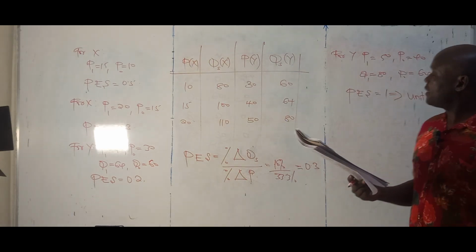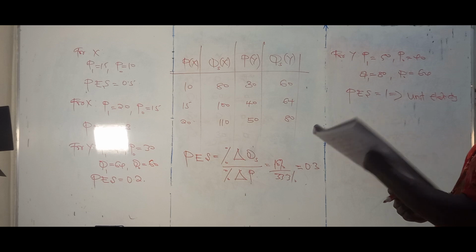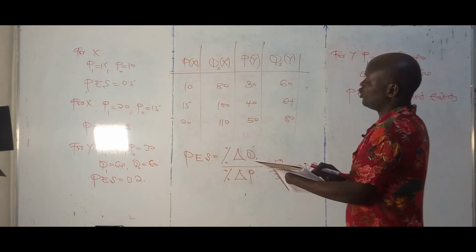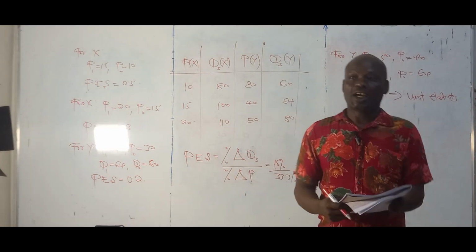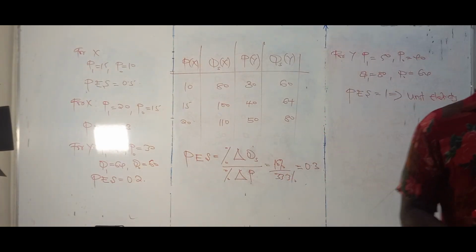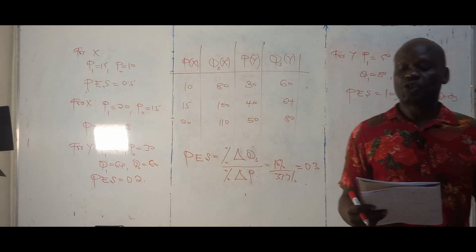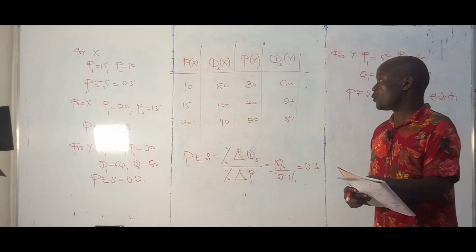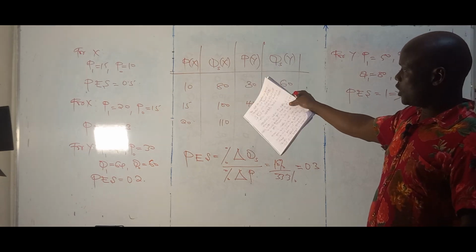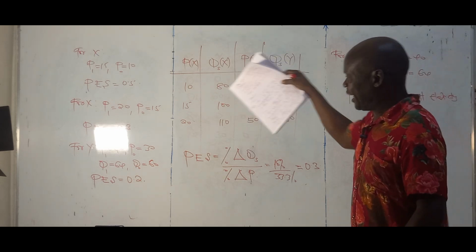Inelastic supply suggests that the producer of X may face limitations in scaling up production quickly in response to price changes. It is also important for pricing strategies and market stability. If prices rise significantly, it might not lead to a substantial increase in supply, potentially leading to shortages. That is the interpretation of the price elasticity of supply for X.